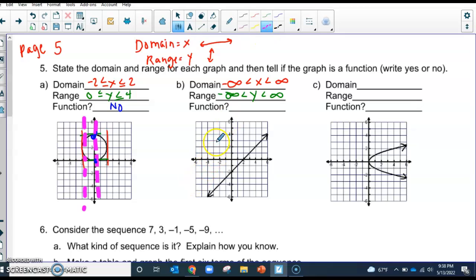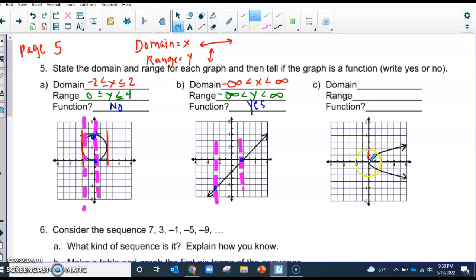And then for our function test, does this pass the vertical line test? Yes, it does. It only hits my vertical line 1 time. So is this a function? Yes.